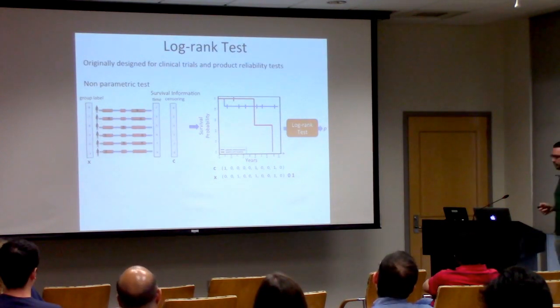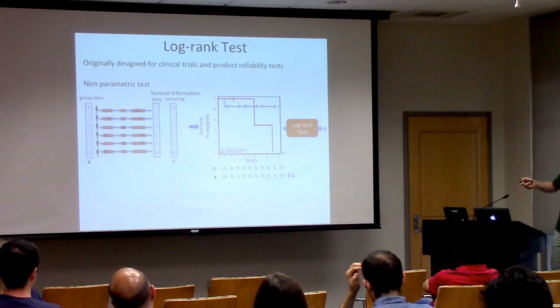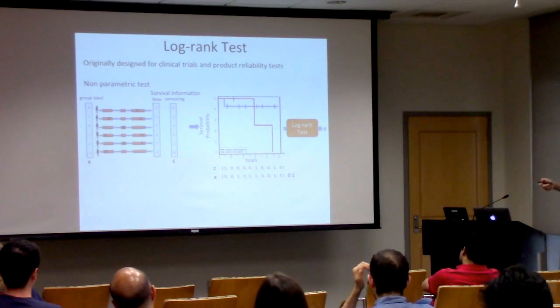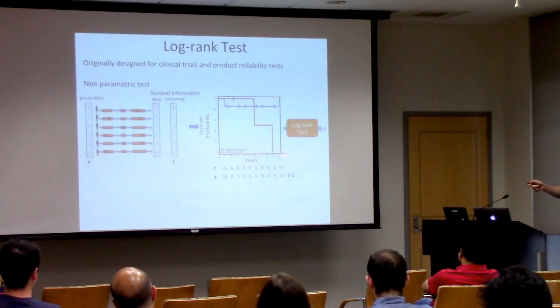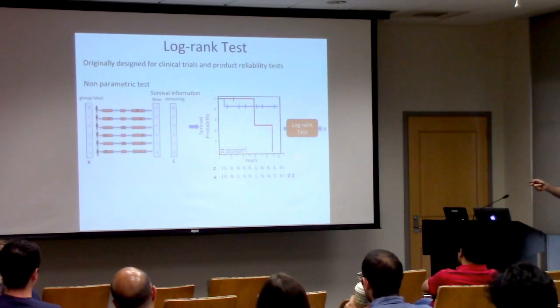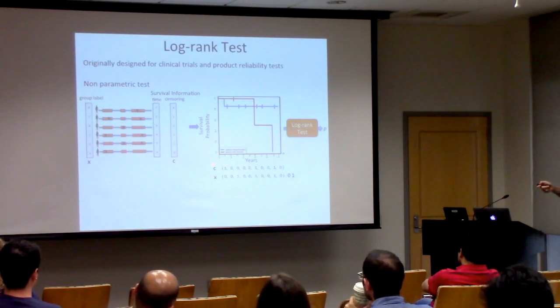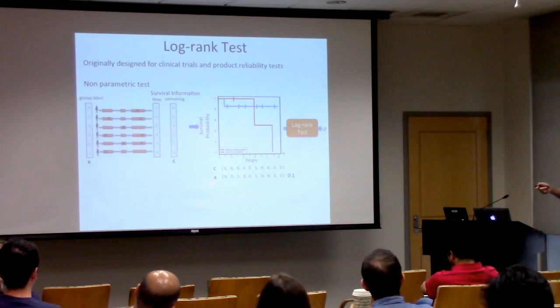Okay? So to give you some more information about the log-rank test, we can think of it as a function of the data, where once I have sorted my patients by increasing survival time, then I have two vectors, C that describes the censoring information for the patients, and the vector X that describes the group label for the patients.